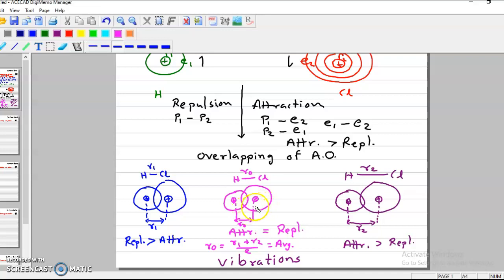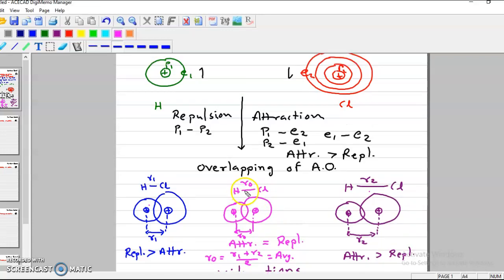But remember, these two atoms will never achieve this distance, and therefore they keep on vibrating between R1 and R2 distances. Okay, that is called basic vibrations of molecule. They will never become stationary at R0 distance. They keep on moving from R1 to R2, R2 to R1. Okay, but they will never achieve R0 distance and become stationary.